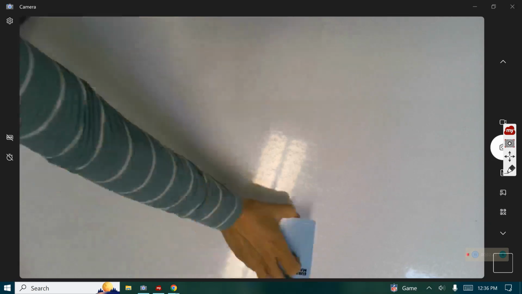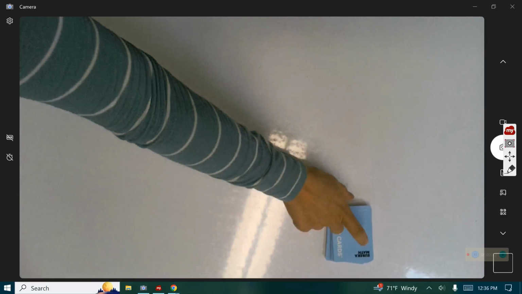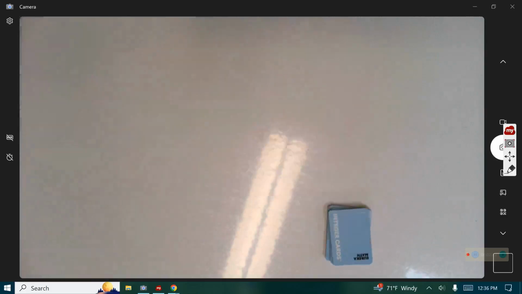So the game today is called the integer card game. And in this game, your goal is to score 0, but you find your score based on the sum of the cards in your hand. So we're going to play that demonstration round. To start off, we have a deck of cards.